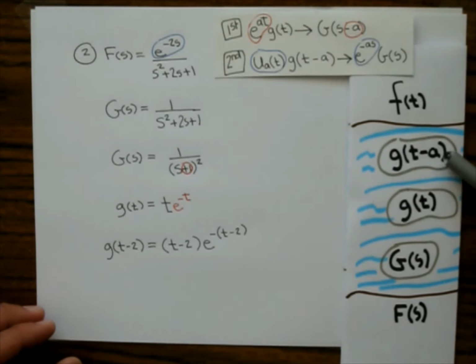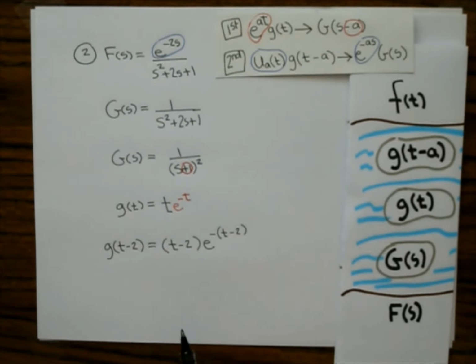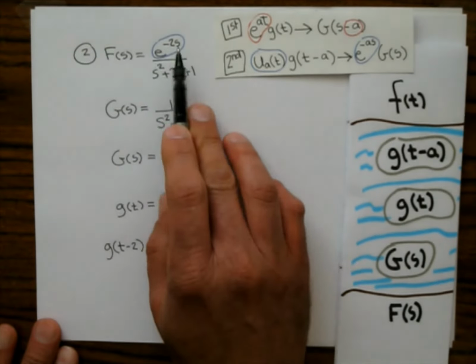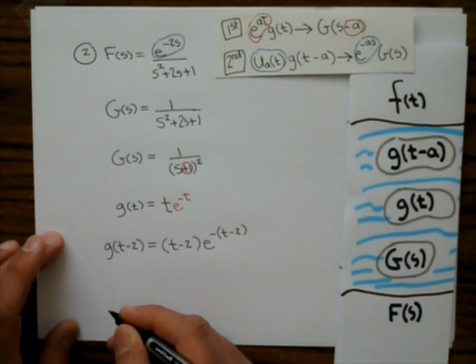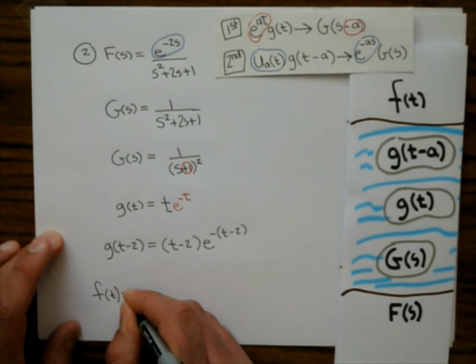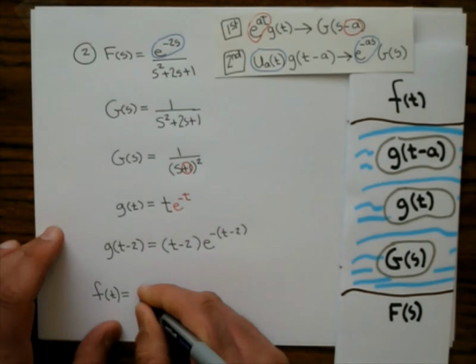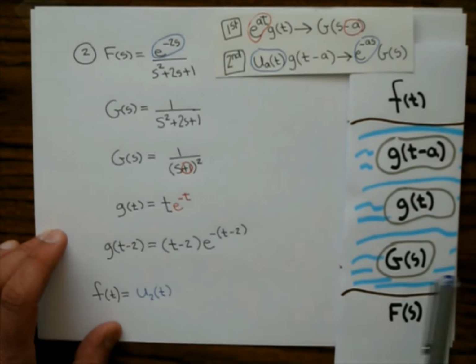Okay, so I'm standing right there and I'm ready to jump to the shore, and as I'm looking at this, all I have to do is multiply this guy right here by u sub 2. And so that's what I'm going to do, and I'm going to get my final answer, which will be little f of t is u sub 2 of t times that.